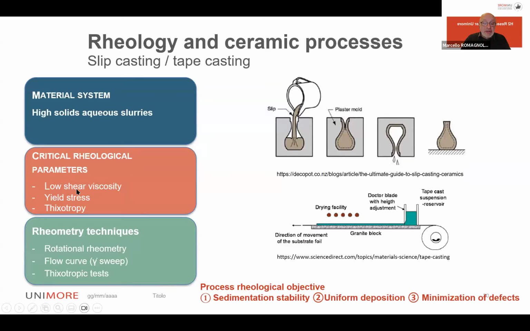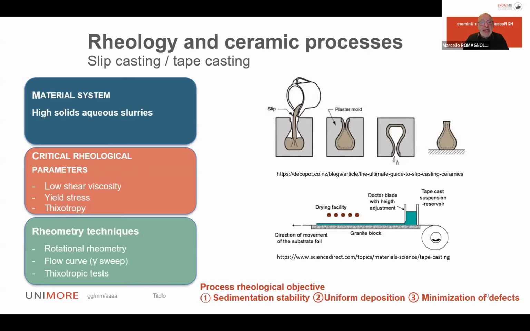We need a low viscosity with a yield stress, especially for the tape casting, just to maintain the thickness of the tape, but also in the case of slip casting, when we introduce the slip inside the mold, we need a very low shear viscosity, but just to have the casting, we need a high thixotropy of the system.